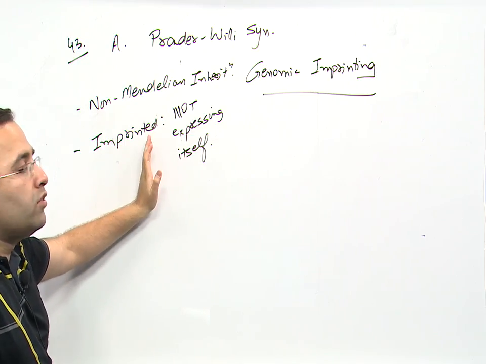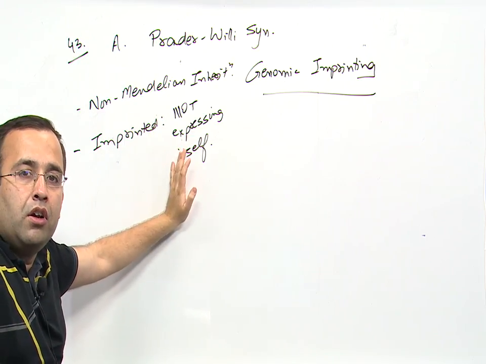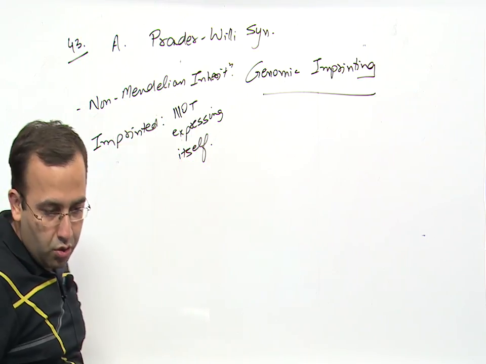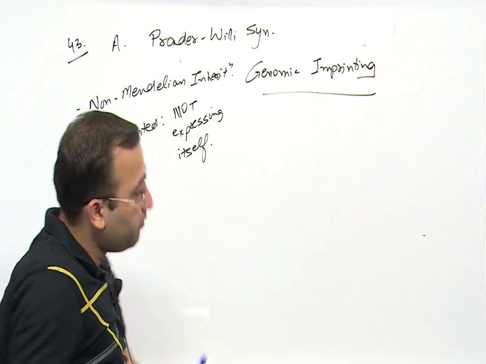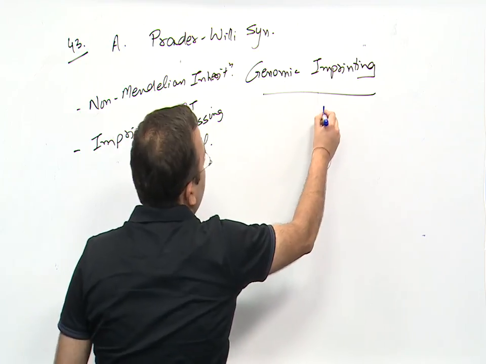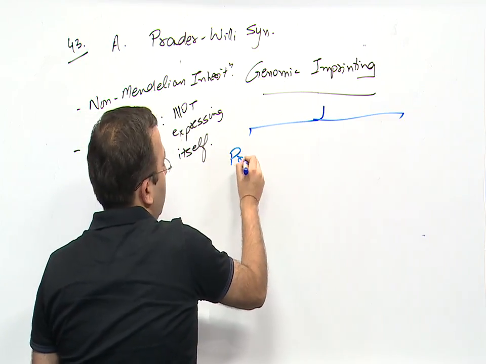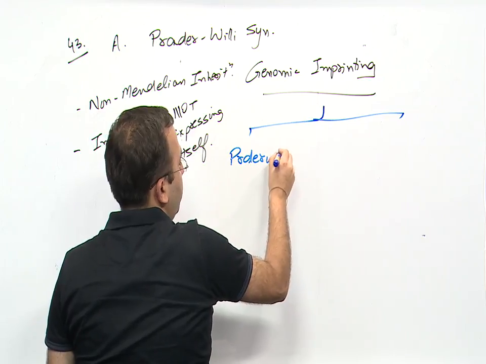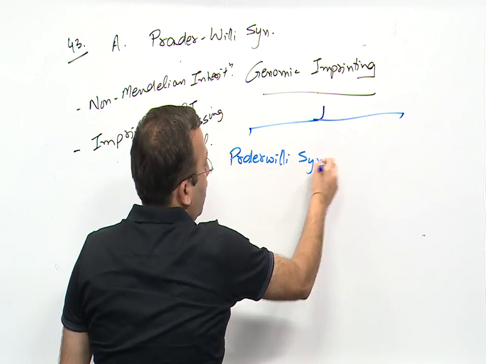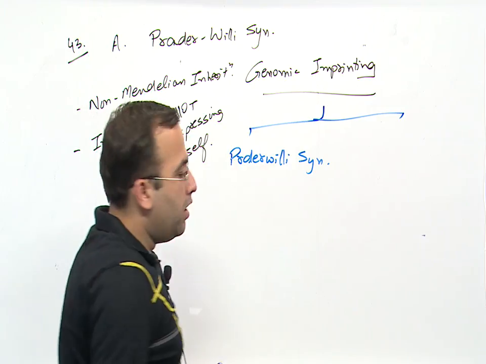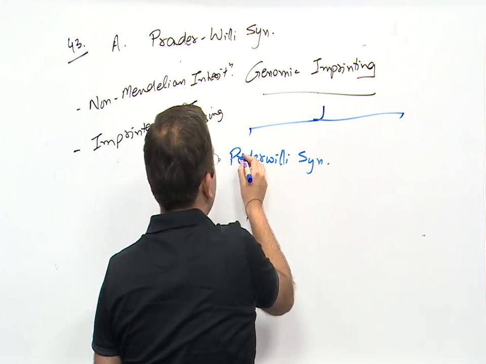So if you know this, you will know everything about it. How? Genomic imprinting, the main diseases associated with this are Prader-Willi syndrome and Angelman syndrome.